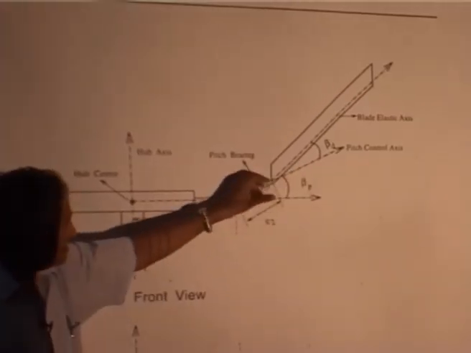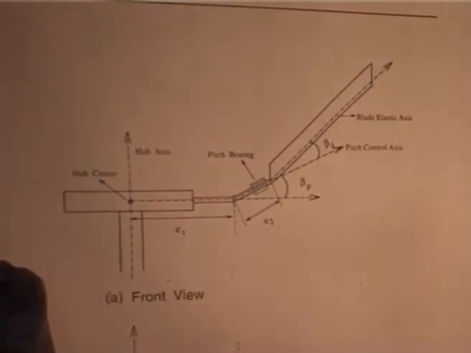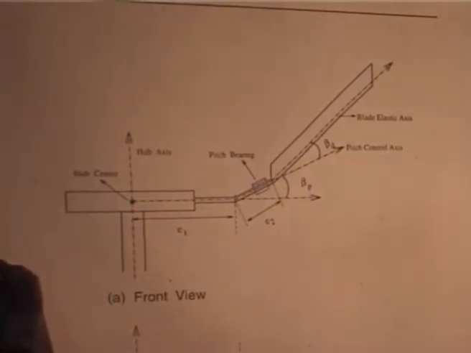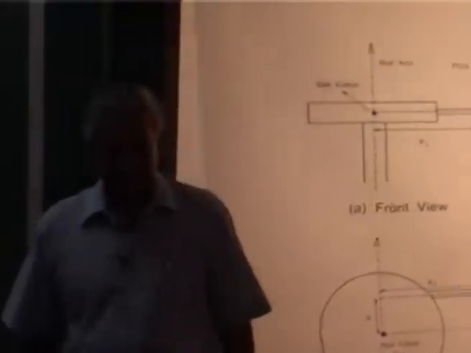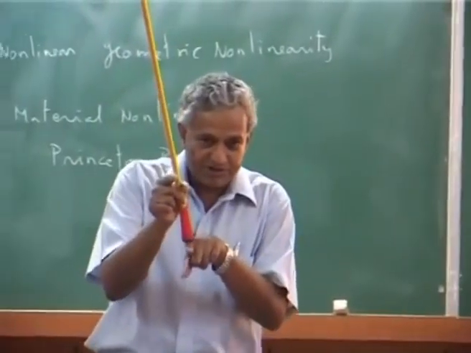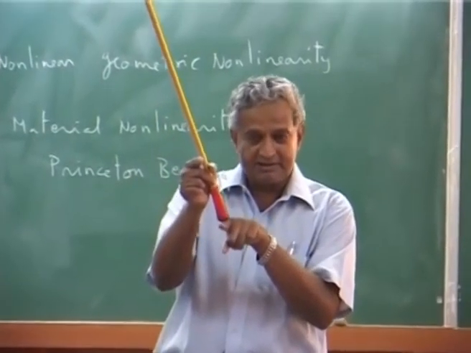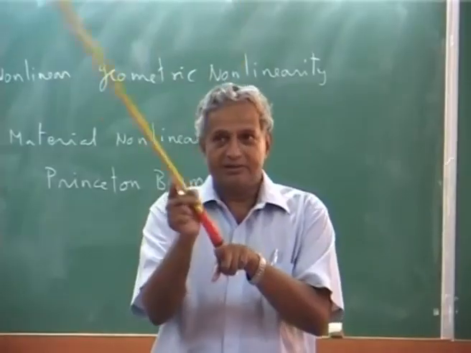When you rotate about this axis, if droop is 0, the pitch angle will change like this. But if the droop is there, if I rotate about this axis, the blade will go like this. Not only the pitch will change, it will also move back and forth. You understand, because the axis of rotation is not along the blade, it is in some other direction. So this will go like this.